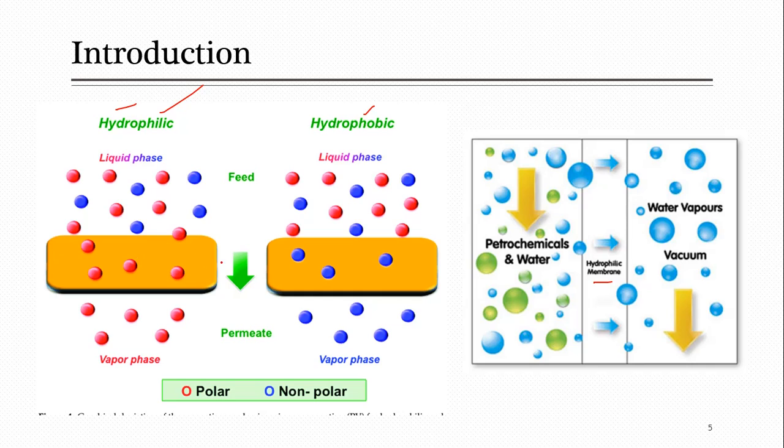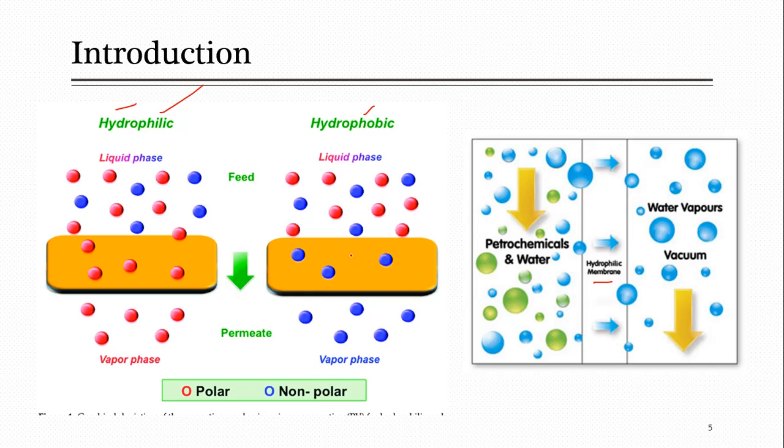On the other hand, if you are using a membrane which repels water, that membrane should have affinity for the other component instead of water. For example, if water is in large amount and some other hydrocarbons are in very small amount, we will prefer to pass those hydrocarbons through the membrane and get them separated.